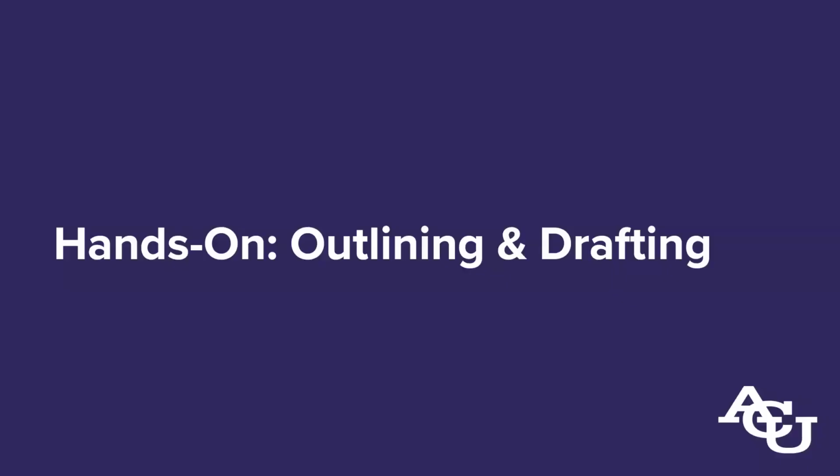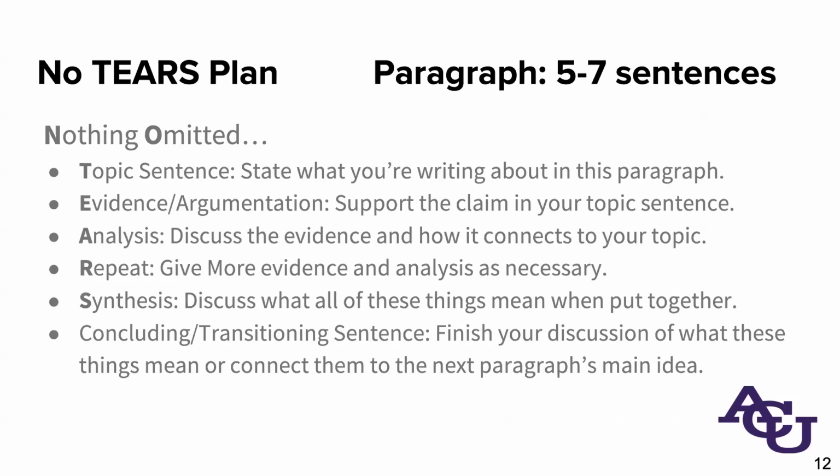And for this, we want to turn to a system of organizing an argument. And there are several out there, but the one that I advocate the most is one that I developed called the no tiers plan for paragraph writing. So in upper level undergraduate writing and in graduate level professional writing, most of the time we're going to be aiming for body paragraphs that are around 5 to 7 sentences.